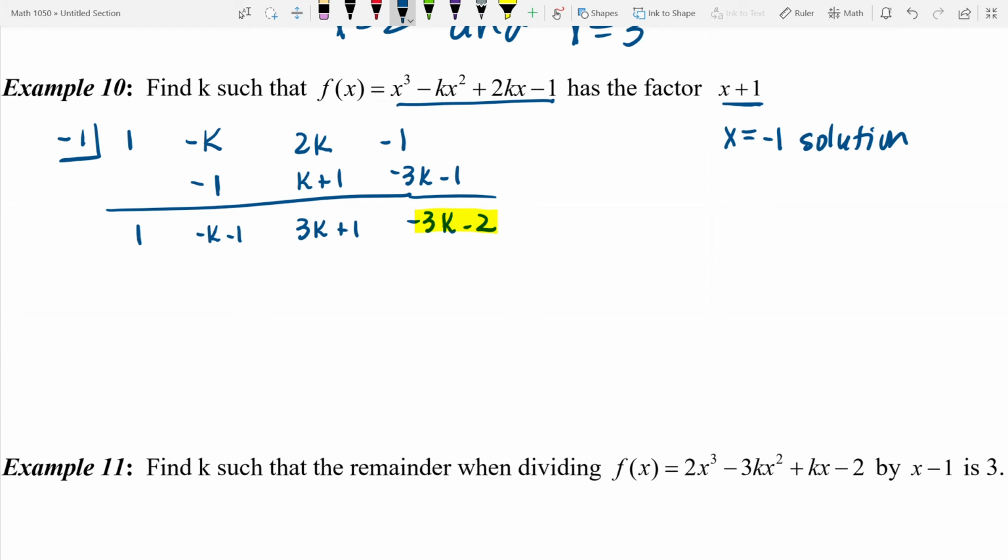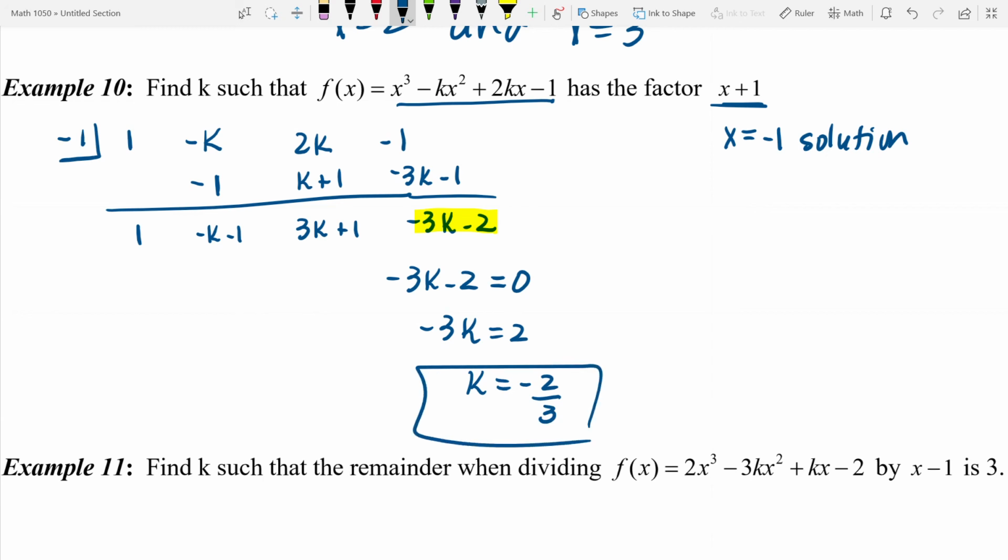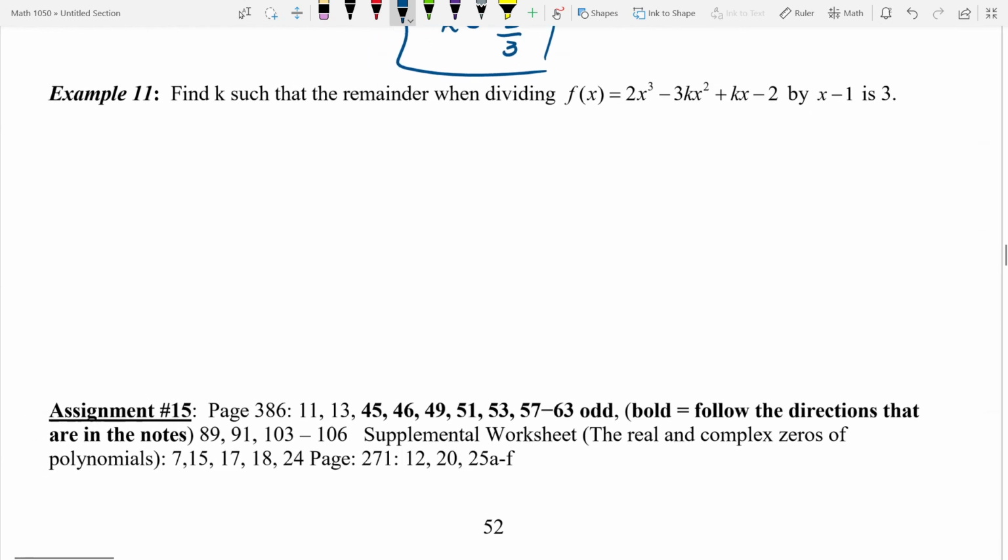But if this is really a factor, then your remainder is supposed to be 0. So just take the negative 3k minus 2, set it equal to 0, and solve it. So you get negative 3k equals 2, divide by negative 3, and you get k equals negative 2/3, and you got it. Okay, let's do the next one, and then we're done.